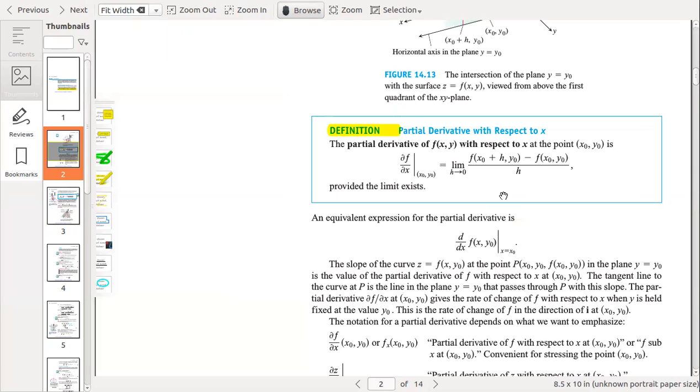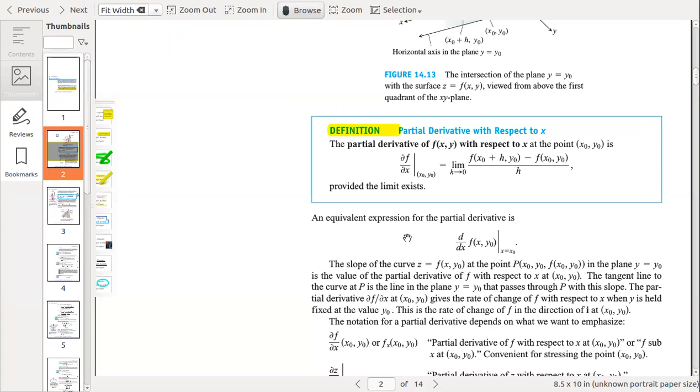So that is the concept that a partial derivative can be defined at a point x naught, y naught: partial f over partial x at x naught, y naught is equal to the limit as h approaches 0 of f of x naught plus h, y naught, where y naught is fixed and there is no change in y naught, minus f of x naught, y naught, over h, provided the limit exists.